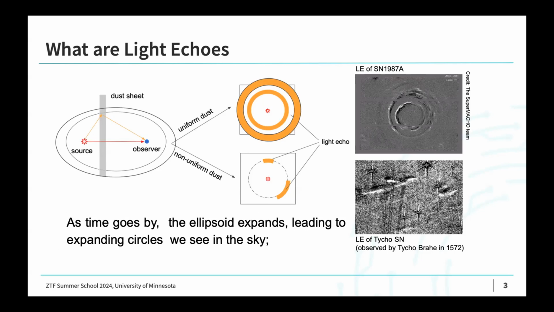And as time goes by, the light travels, and the three-dimensional ellipsoid expands, and we observe the circles expanding outward from the initial transient.